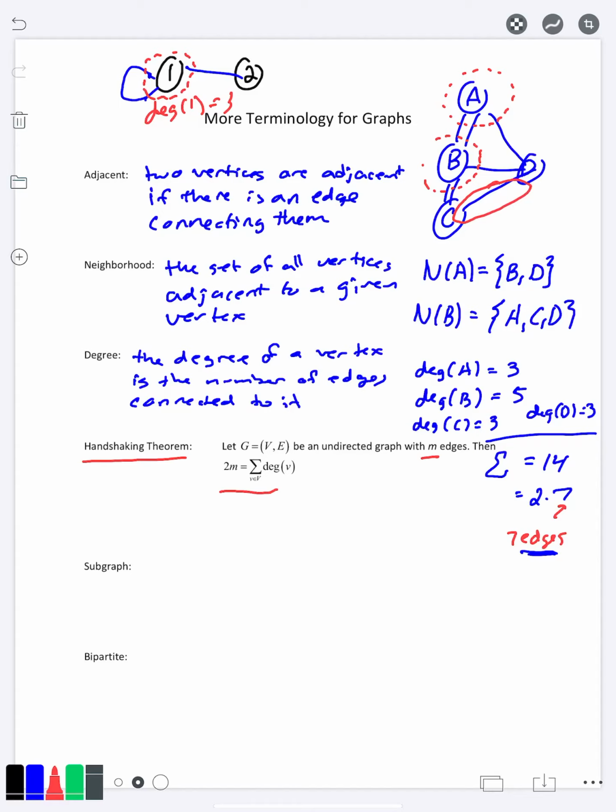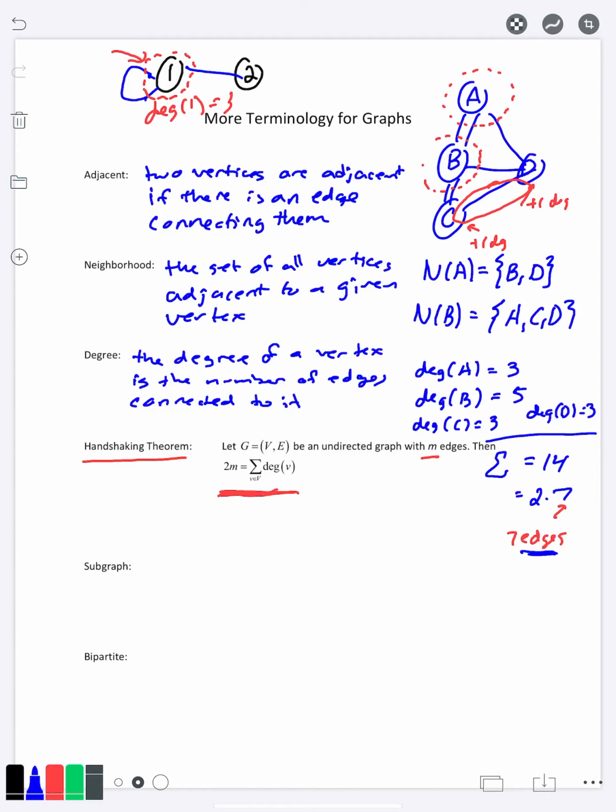Now, those 2 could be the same vertex using a loop here, but they're going to connect between 2 vertices, which means every single edge is going to give you a +1 degree on one side and a +1 degree on the other side. So every single edge is going to add 2 to the total degree. So that tells you that the total degree of everything is going to be just equal to 2 times the number of edges.